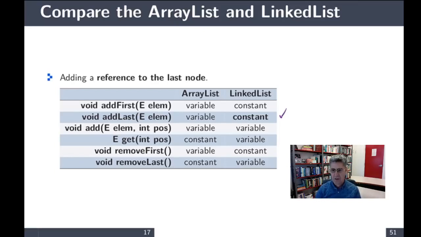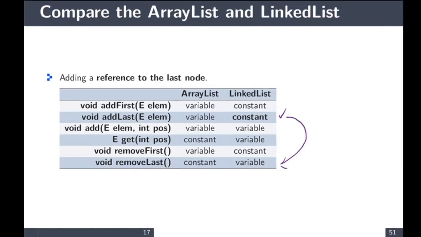The execution time is independent of the number of elements that are in the data structure. Would it be the case that by any chance having a reference to the last element was also making remove last fast? Is it possible?